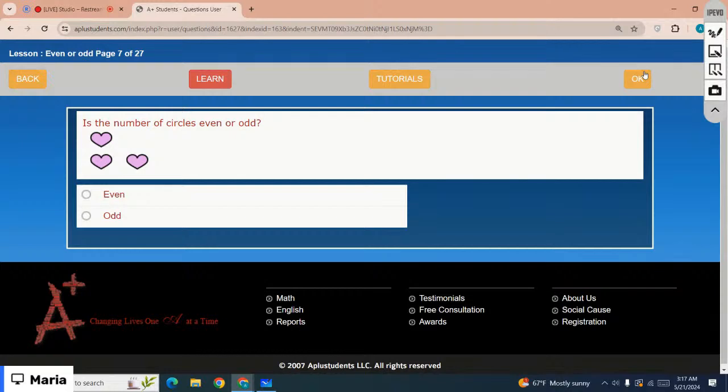Is the number of circles even or odd, which is the correct option? The correct option is odd. Okay, you can complete the lesson by yourself later today. Let me just move on to the next lesson.